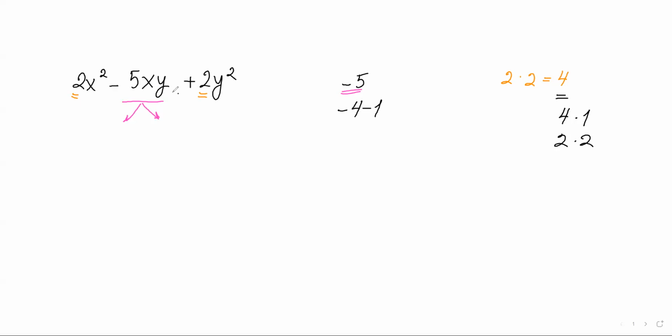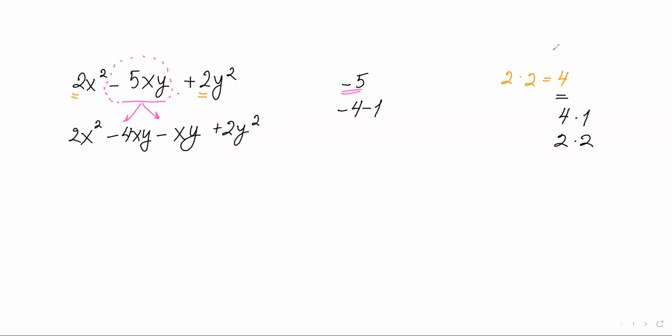Instead of negative 5xy, I'll put negative 4xy, subtract, I should say 1xy, but I'm not going to write 1. That is in place of this whole expression, including the minus. Minus 4xy minus xy. 2x squared and 2y squared should stay.